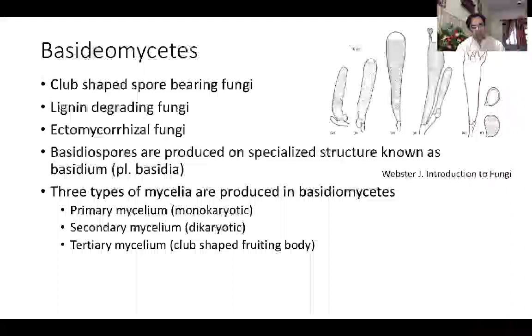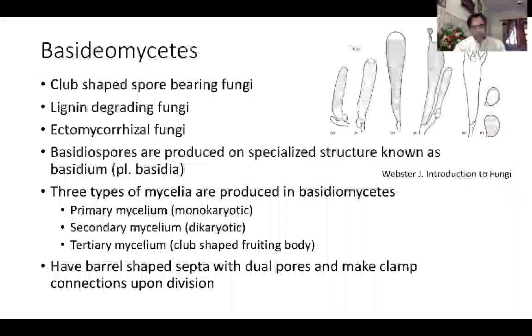And secondary mycelium is basically dikaryotic. They contain 2 nuclei, and the 2 nuclei are different from each other. And then tertiary mycelium contains the club-shaped bodies, or mushroom-like bodies, on which the basidiospores are produced.